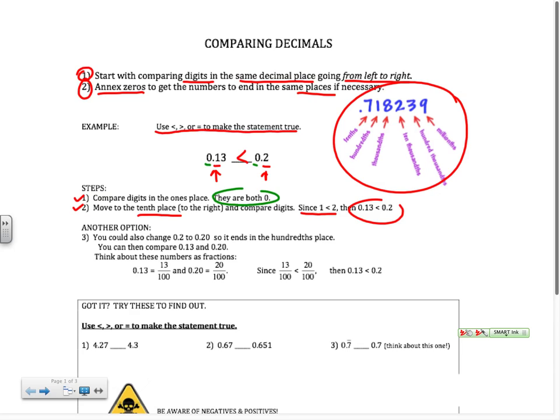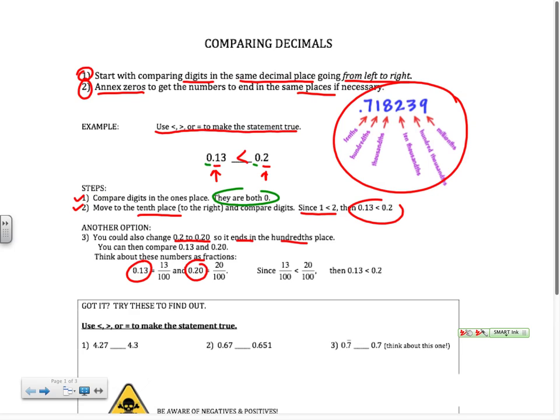Here's another option. You could also change the 2 tenths into 20 hundredths, so it ends in the hundredths place. You can then compare 13 hundredths and 20 hundredths. Think about these numbers as fractions. We know that 13 hundredths, written as a fraction, is 13 over 100.